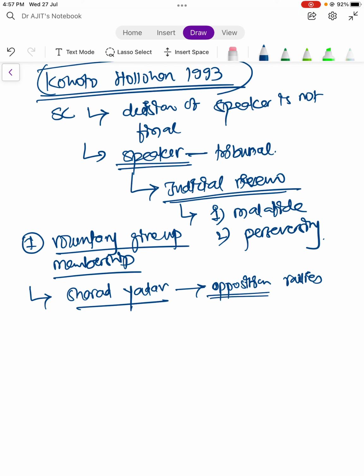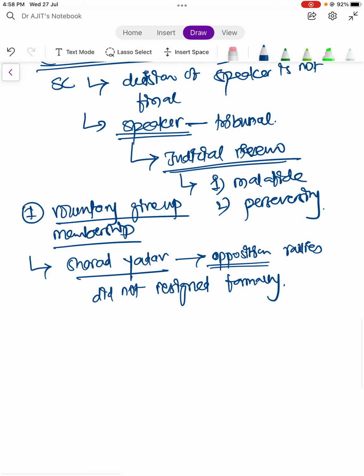What he did not do was resign formally from his political party, right? At that time there was no provision on whether someone would be defected or not if he did not resign. If someone does not resign formally, he would not be a case of anti-defection.